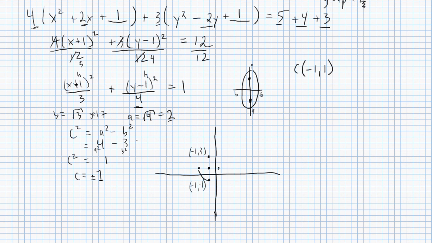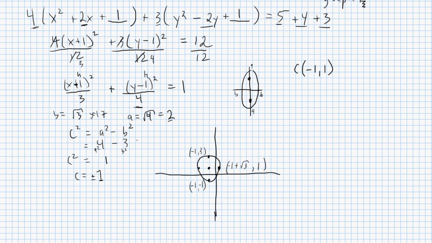And we can now sketch in our ellipse. It's sort of like that, kind of. Okay, so the coordinates here, we started at -1, 1, you understand. To get one vertex point, we counted to the right, rad 3. So that's going to be -1 plus rad 3 is the x coordinate, 1.